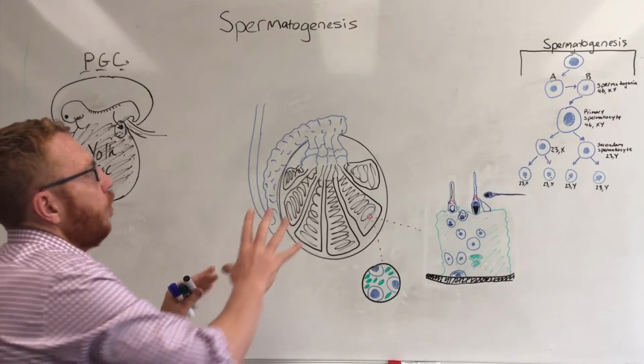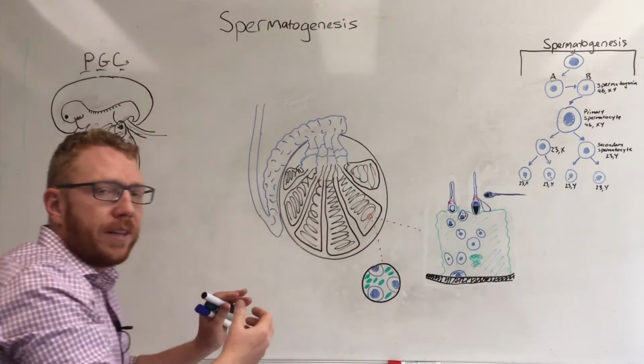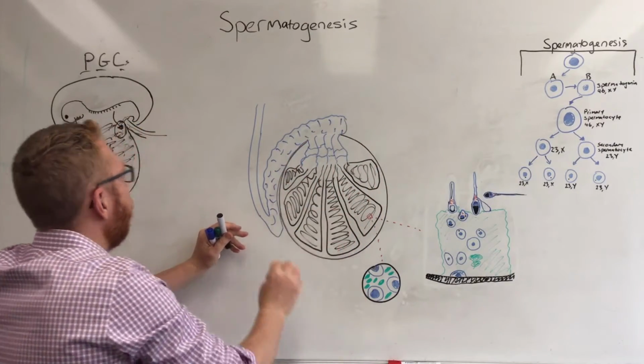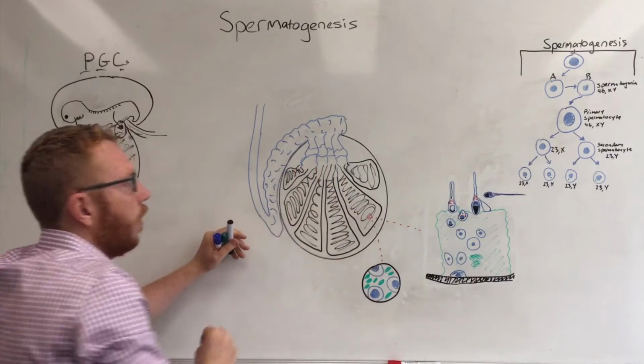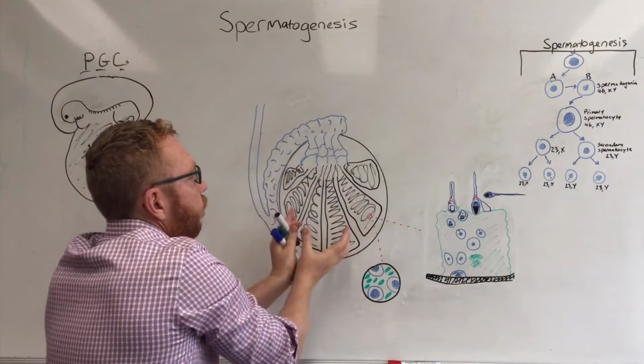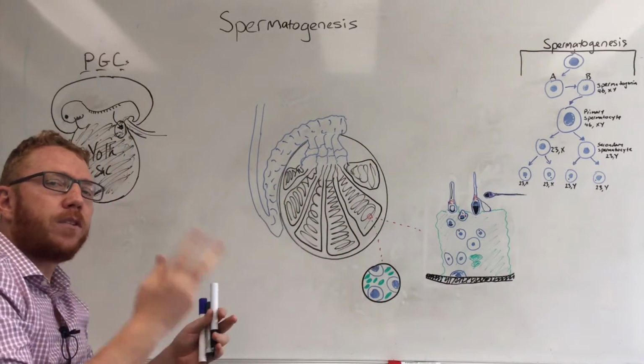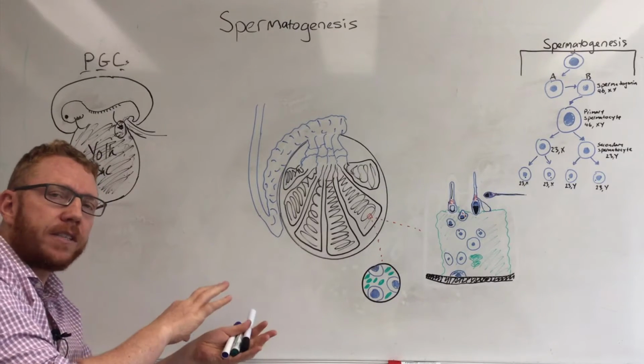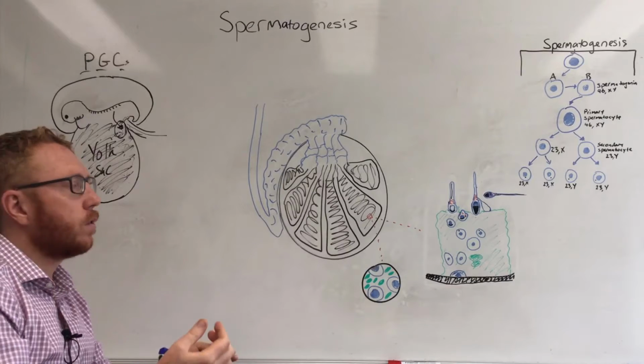So if you can imagine this part, which is going to be the testes, this is the genital ridge, and the primordial germ cells will go into it. This bundle of ridge is going to develop into two parts, which are the medullary sex cords or the cortical sex cords.